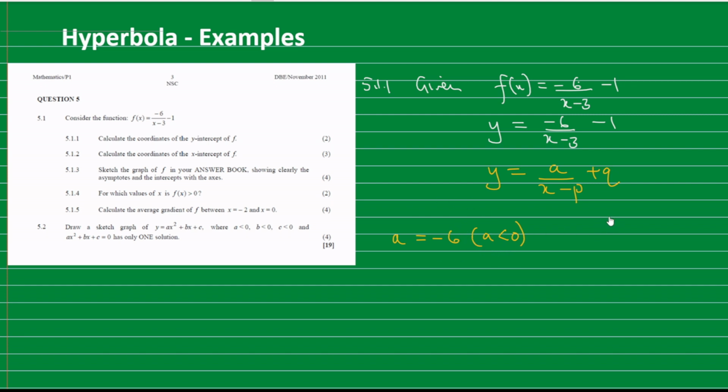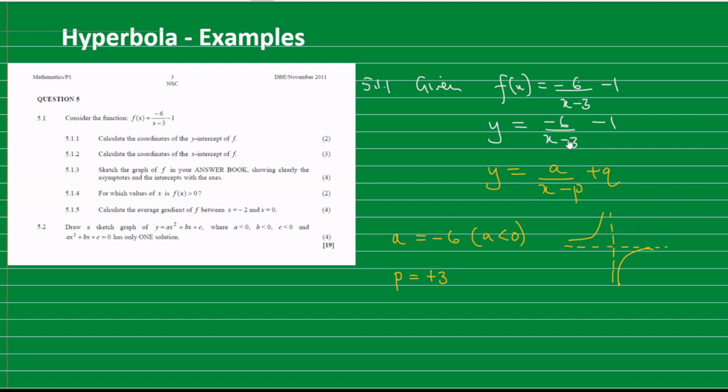It tells us that the graph will lie in the second and fourth quadrants. Our a is negative. What is our p? Our p is negative 3. Sorry, our p is 3, positive 3.